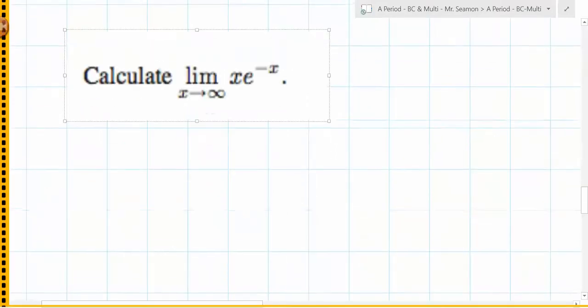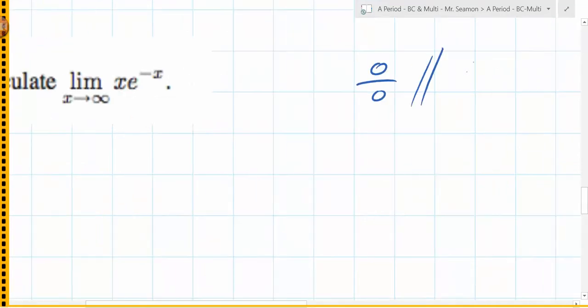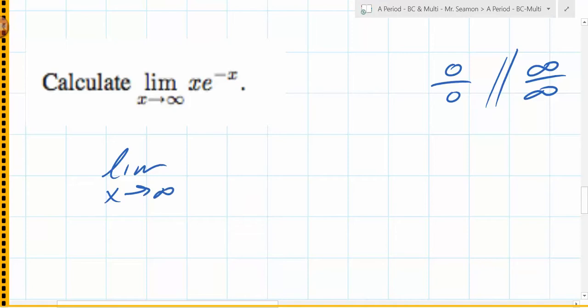For example, on this one, our indeterminate forms that we've been dealing with have been 0 over 0 and infinity over infinity, right? It's not a quotient, so you don't see it. But can you quite easily write this as a quotient? Yeah, you can change this to the limit as x goes to infinity of x over e to the x. And now suddenly does L'Hopital's rule apply?